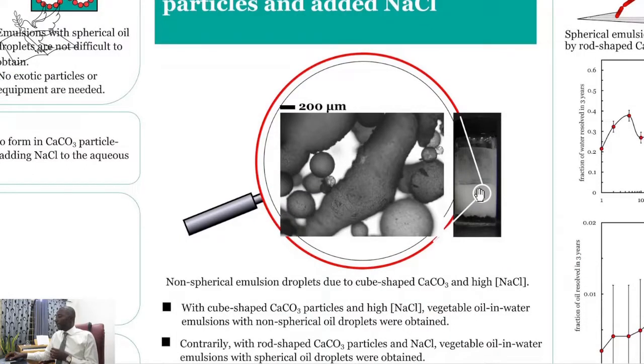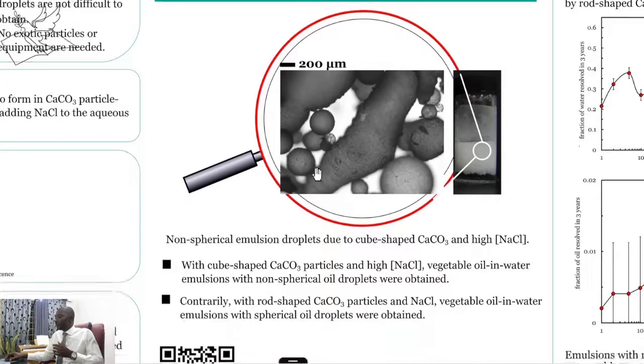Here is a glass vial containing an emulsion system that has non-spherical oil droplets. This is an optical microscope image of the emulsion showing both the non-spherical oil droplets as well as a few spherical ones.